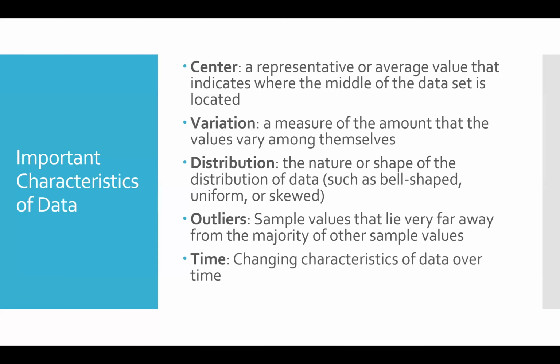And finally, the last one is time. Hopefully it makes sense to you that data changes over time. For example, if we looked at the life expectancy of people in the 1800s, and then again in the 1900s, and a third time in the 2000s, I would dare say we would get different values as technologies and medicine have improved.